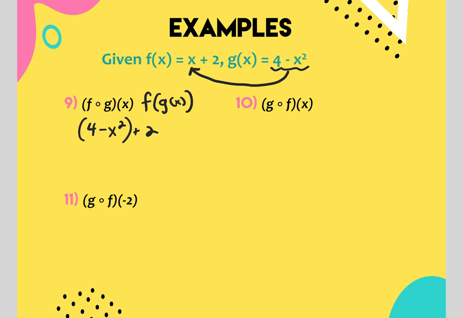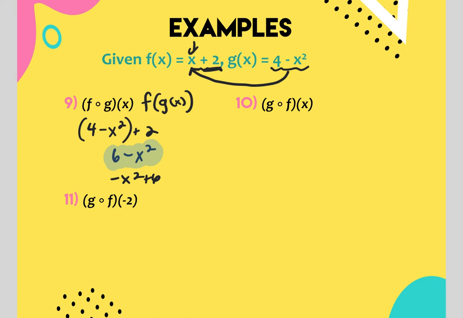And then just combine your like terms, 6 minus x squared, or negative x squared plus 6. The order doesn't matter. Where does the plus 2 come from? From this part of my f of x. So we replaced the x, but the rest of it's still there.